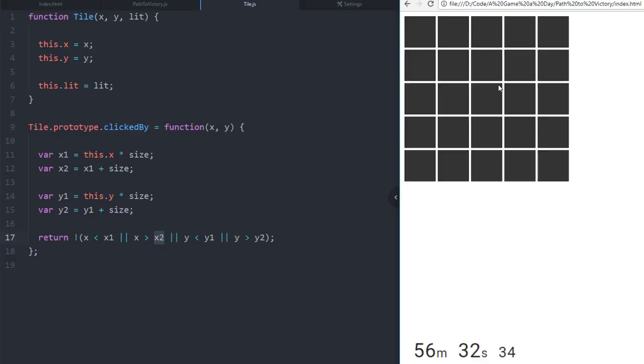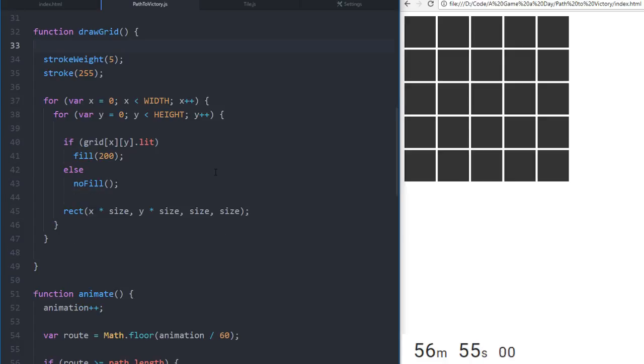If it's less than y1, which would be this line right here, then we know it can't be clicked. y2, if it's greater than this y, we know it can't be clicked. And we reverse all of those. So all of these have to be false, my bad, in order for this to be true. It's a little bit confusing, but I hope you get the gist.